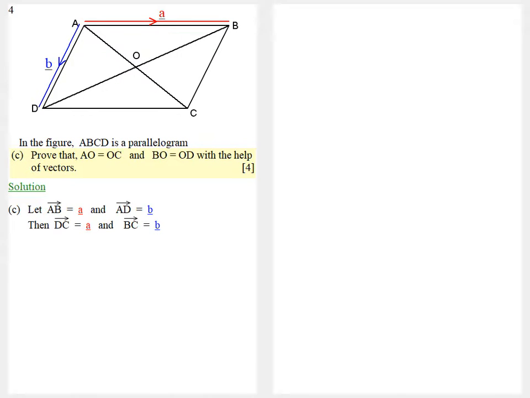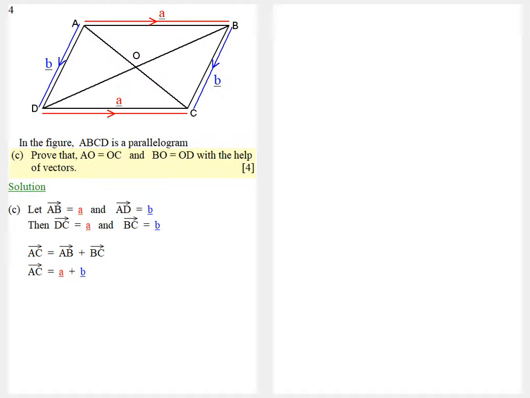Then DC is the vector a and BC is the vector b. Now, going from A to C is the same as going from A to B and then B to C. In vector terms, that means vector AC equals vector AB plus vector BC. So the vector AC can be written as small vector a plus small vector b.